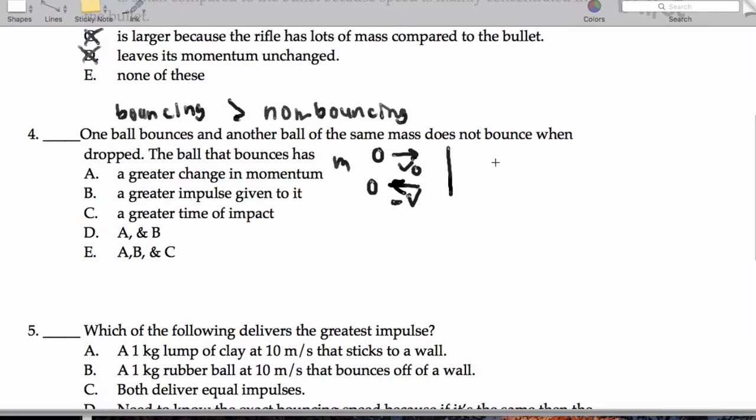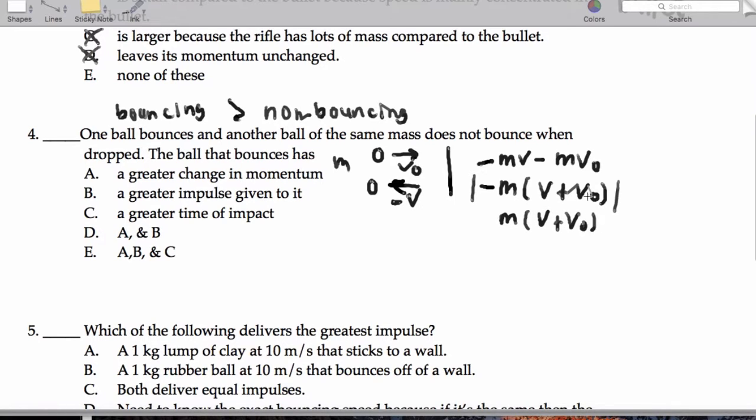So the change in momentum is going to be negative mv minus mv0. And let's do a little factoring here. That's going to give us negative m times (v plus v0) when we factor. Now we're looking for the size of this, so let's take the absolute value of it. So we have a net momentum change of m(v plus v0), which is the same as the impulse. Let's compare that now to something that hits and sticks.